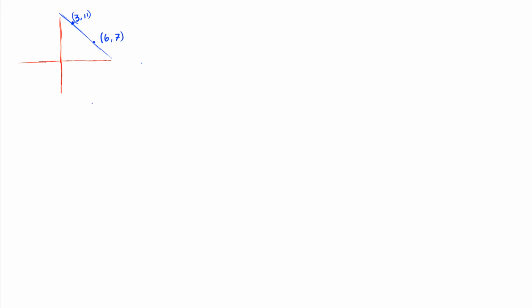Another example could be when you're given the actual line and you're given 2 points on that. So here we have our graph, and we've got 2 points, (3, 11) and (6, 7). For these kinds of questions, what I would do is just jot down the 2 points that you know. So I've got (3, 11) and (6, 7).